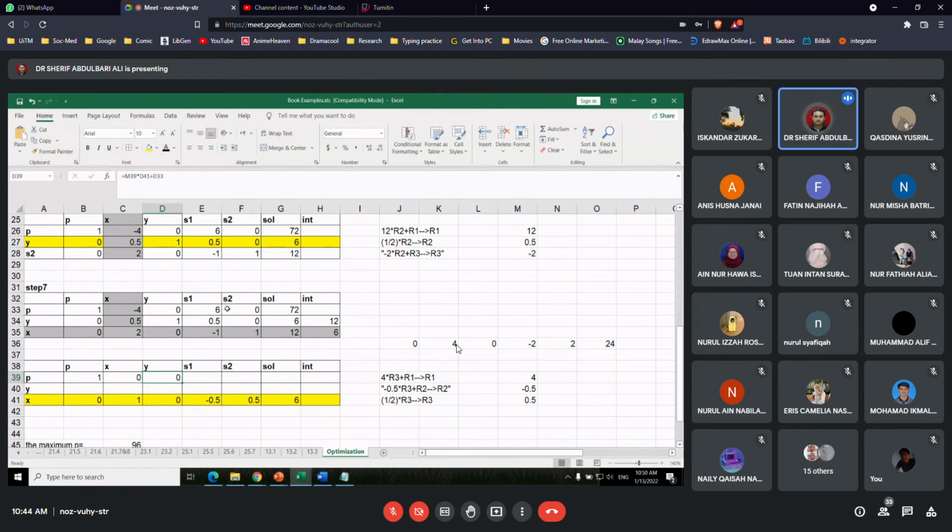So the answer here will be 0. 6, you're going to minus it from this value, so its answer here is 4. And this one is 0, the minus of 2, and 72 with the minus of this. So you're getting the value of 96. Okay, it's a negative value.